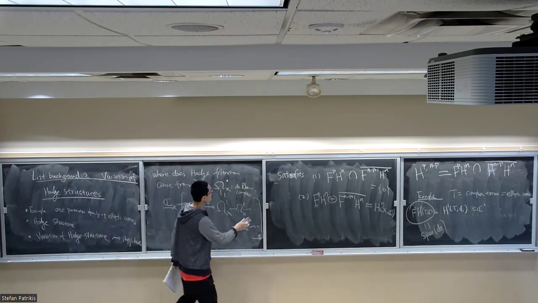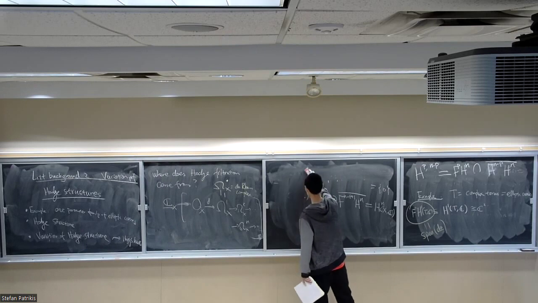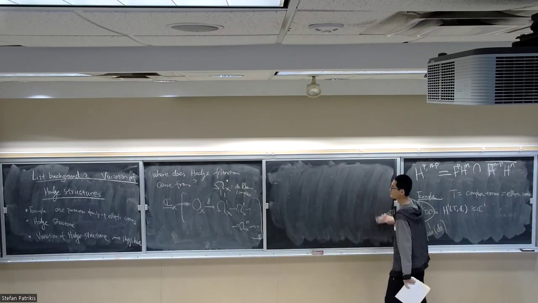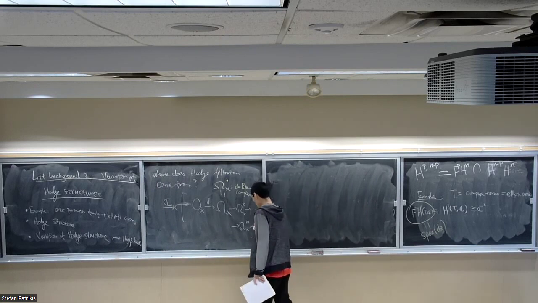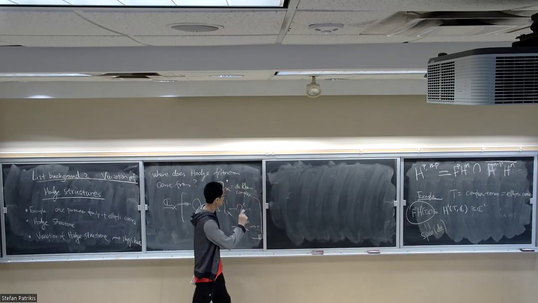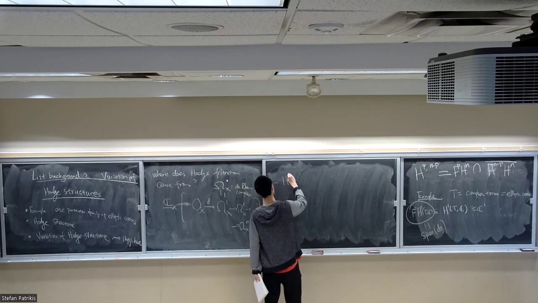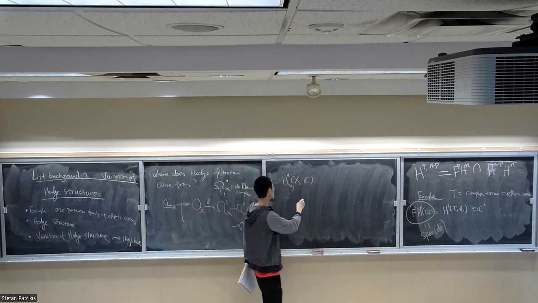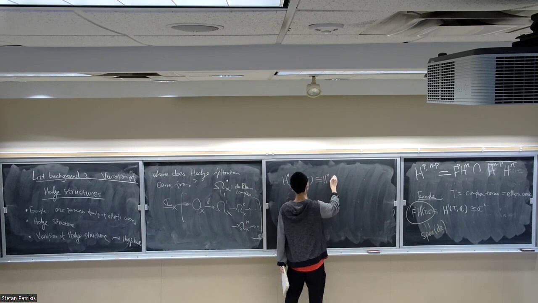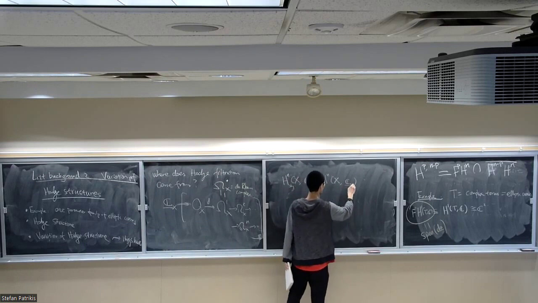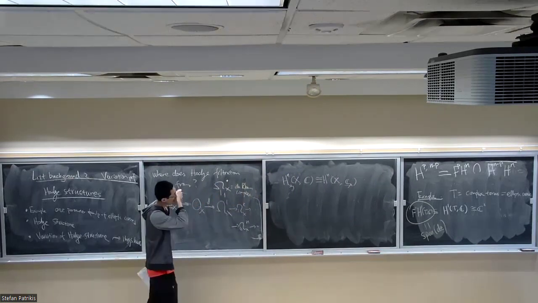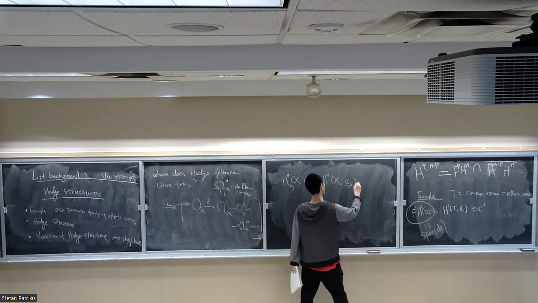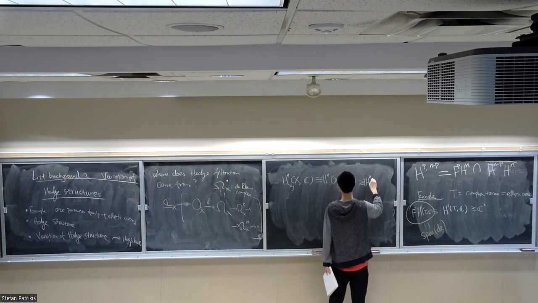What it turns out is that instead of thinking of singular cohomology, we can work with sheaf cohomology with the constant sheaf, and this is taking the hypercohomology of this de Rham complex.